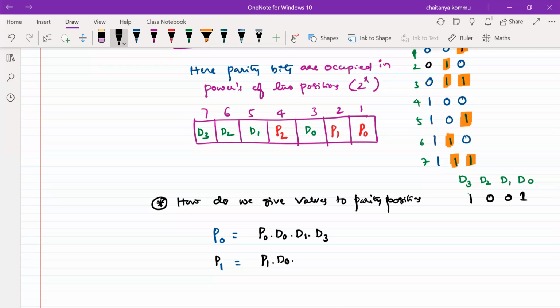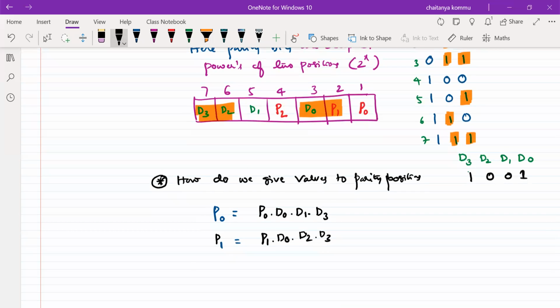Next the sixth position is required, D2 and D3 are required. Agreed? That means we are interested in the second and third positions, and these two are also required for P1.